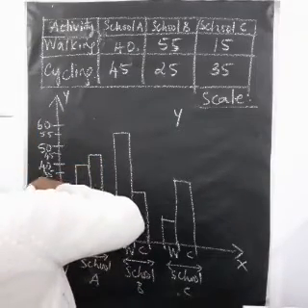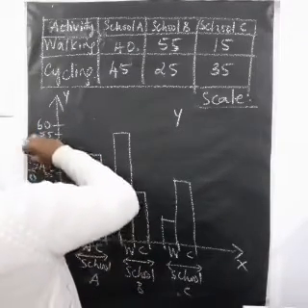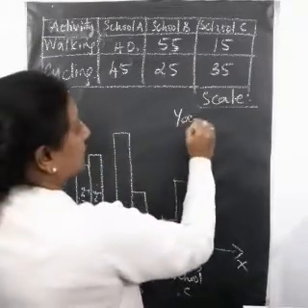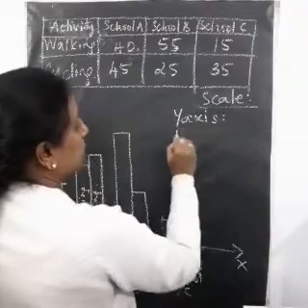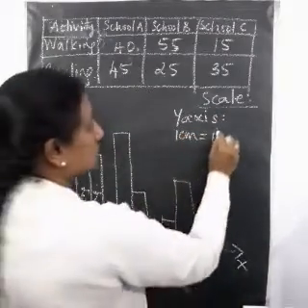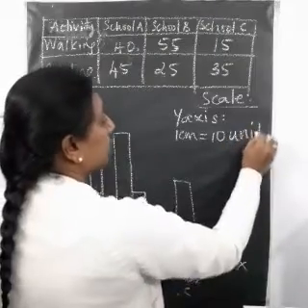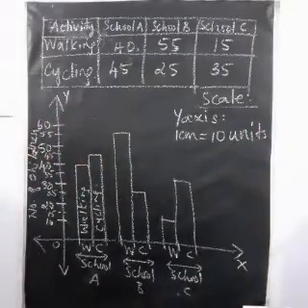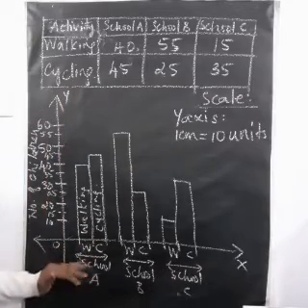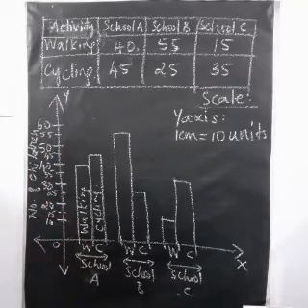So you can say number of children here, and here you can write y-axis. 1 centimeter equal to, now I have taken it as 10 units. So 10 units. Supposing you have taken it as 5 units, you please write 5 units. So with that, this data can be represented using a double bar graph.